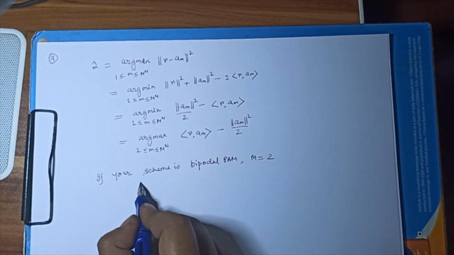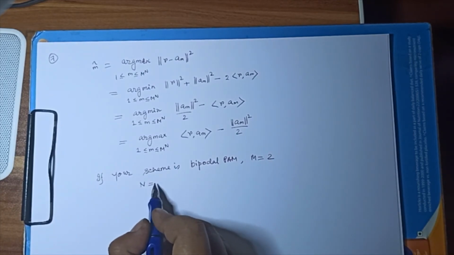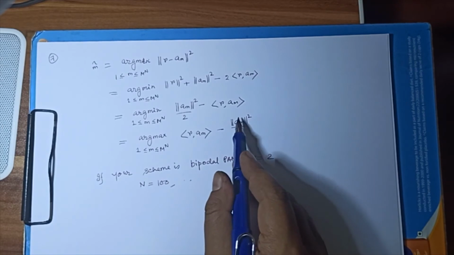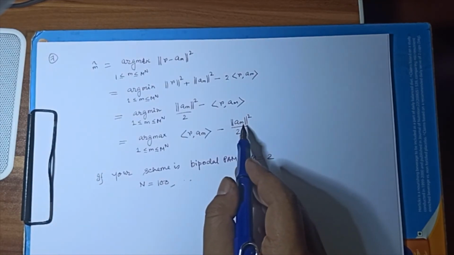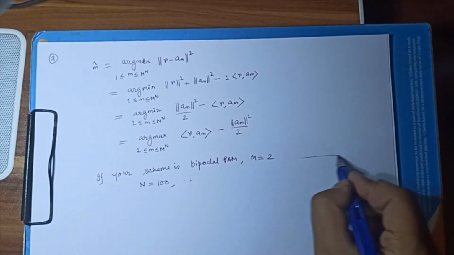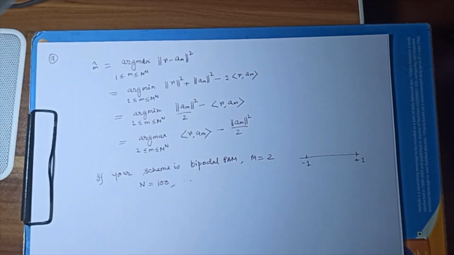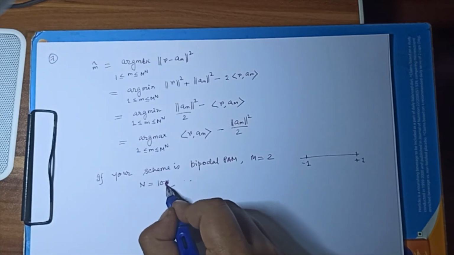Now you take some n, n can be 100 or something like that. The interesting thing is that all the a_m will have the same energy, because this is bipolar, so this is +1 and -1.